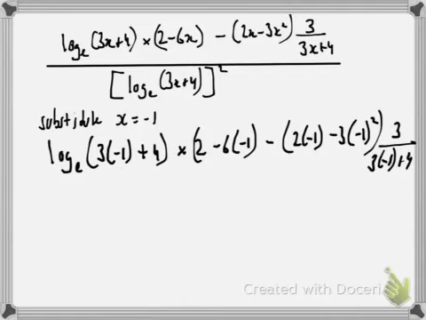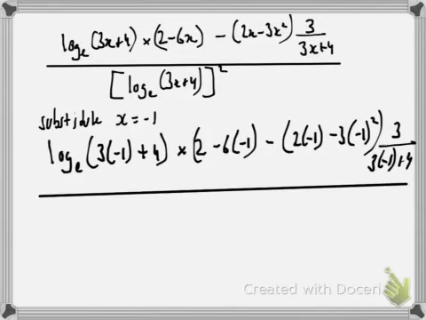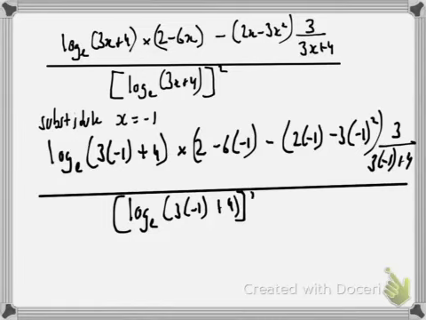Okay, so I've gone across there and put in -1 everywhere. Of course, we mustn't forget the denominator, which is going to be log of 3 times -1 plus 4, squared. There we go.